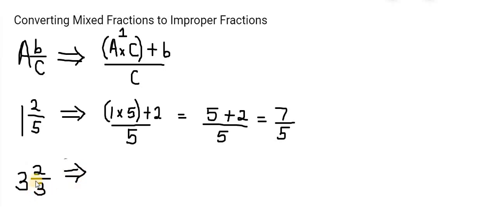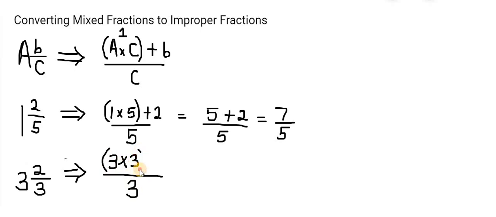The bottom number of the proper fraction becomes the bottom number of the whole thing. Okay? Next thing, you multiply the bottom number by the whole number. So the whole number is 3, and the bottom number is also 3.